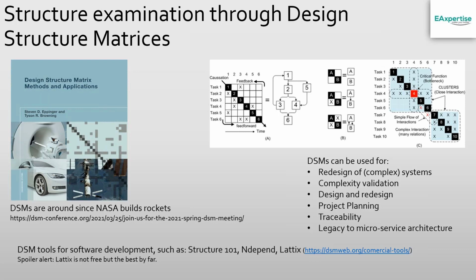In IT, DSMs are one of the most interesting means to move from legacy to microservice architectures and reusing code that is involved in those microservice architectures. There are many DSM tools for software development available. I named just a few: Structure101, Depends and Lattix. And you can find more information on other commercial tools on the dsmweb.org website.